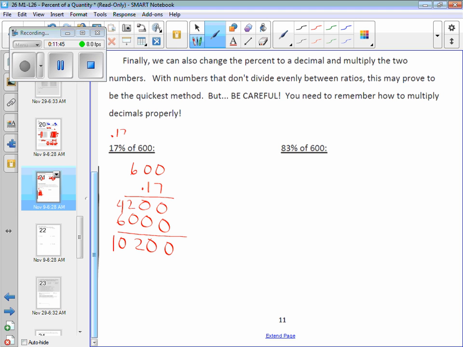Sarah. And no places here, right? So 2 total jumps. 1, 2, ta-da, 102. Works. Okay, and it will work every time.